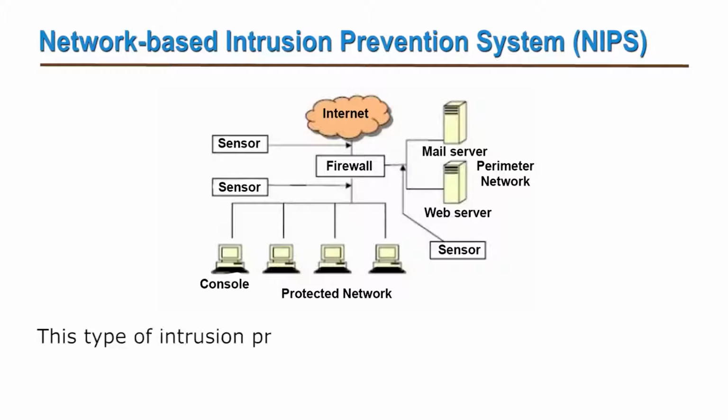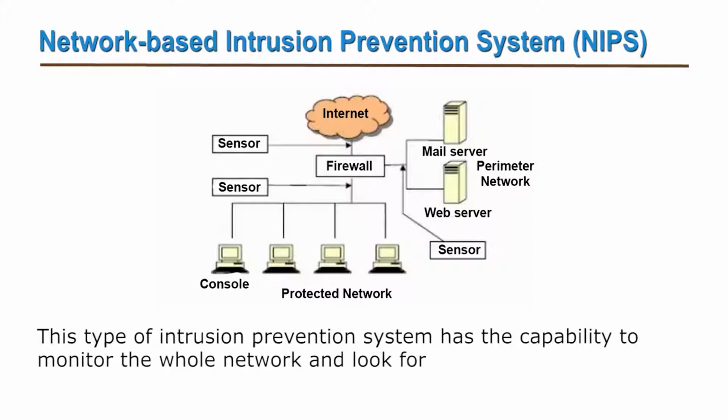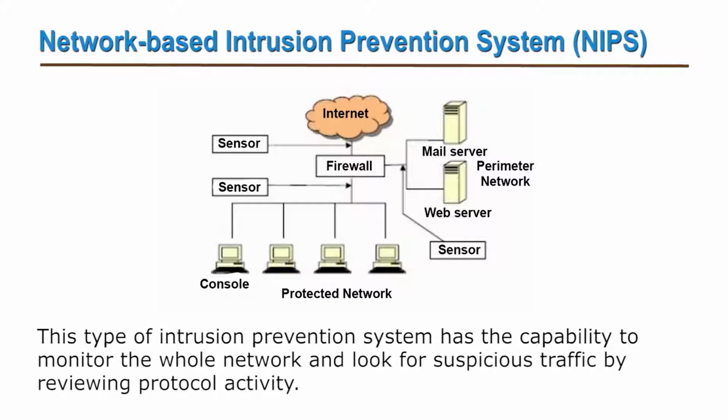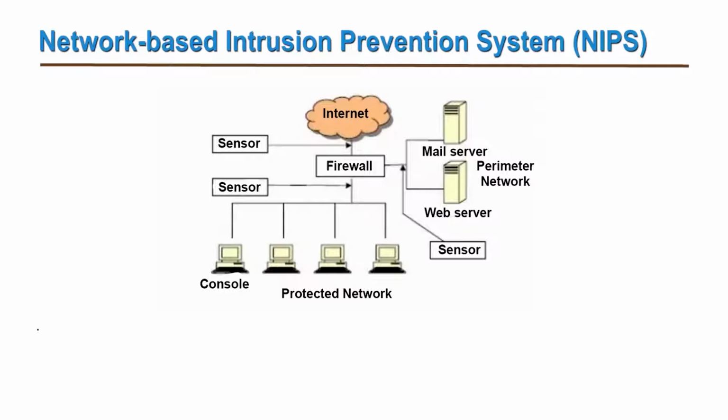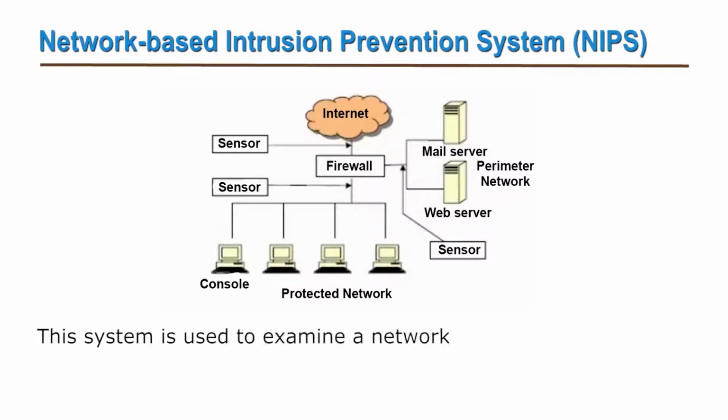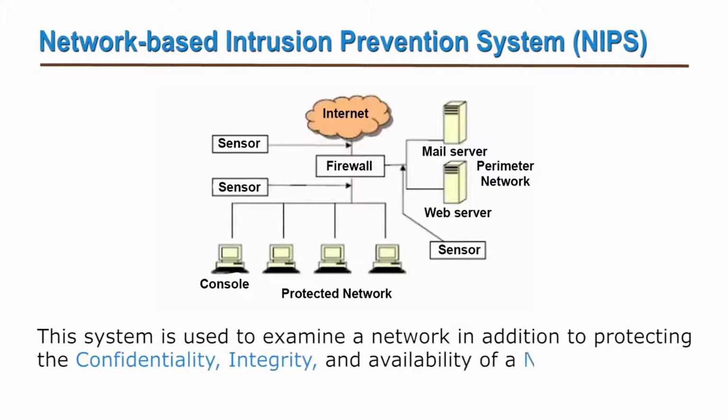This type of intrusion prevention system has the capability to monitor the whole network and look for suspicious traffic by reviewing the protocol activity. This system is basically used to examine a network in addition to the fundamental principles like confidentiality, integrity, and availability of a network.